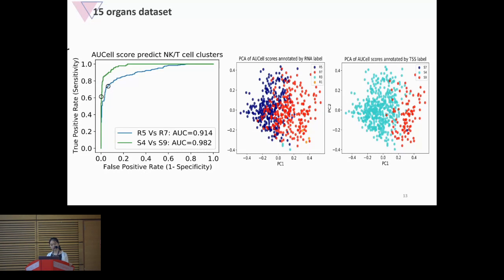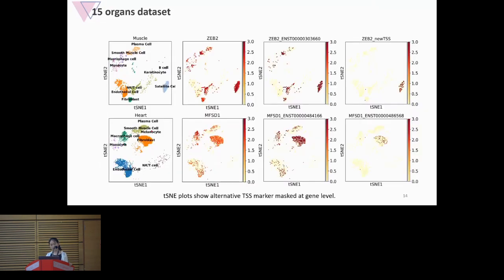We found that compared with the RNA labels, TSS labels are easier to predict. When we use unsupervised methods, we can also get the same conclusion. In addition, we also found that alternative transcription start sites can help cell type identification that is masked at the gene level.